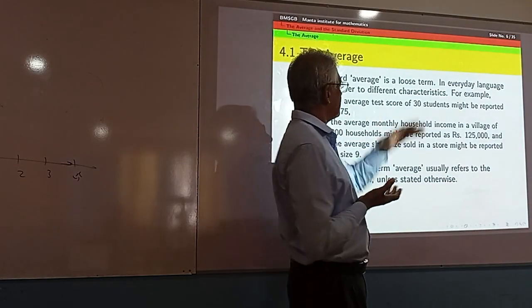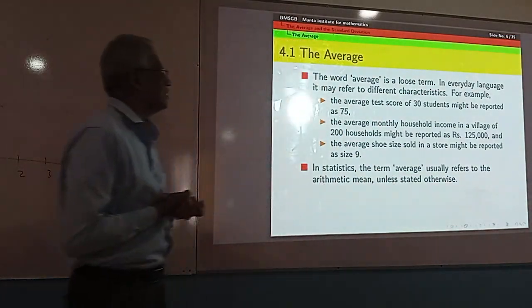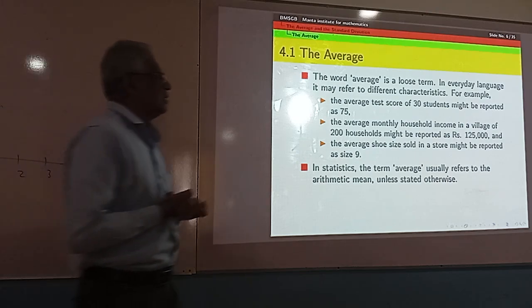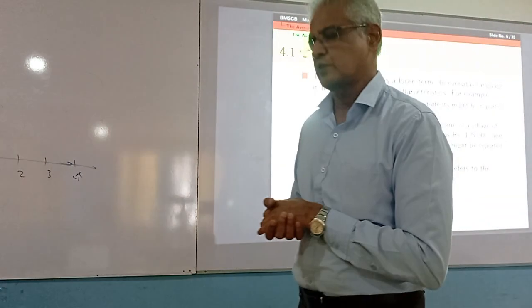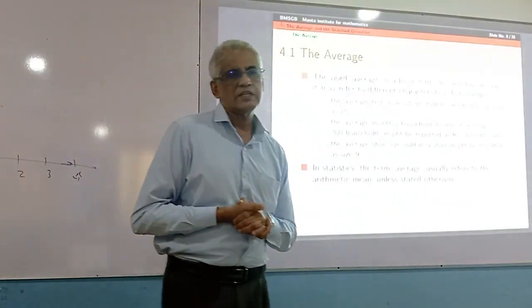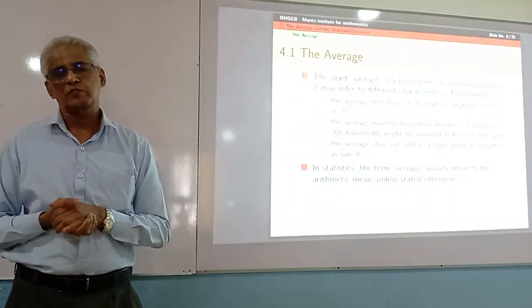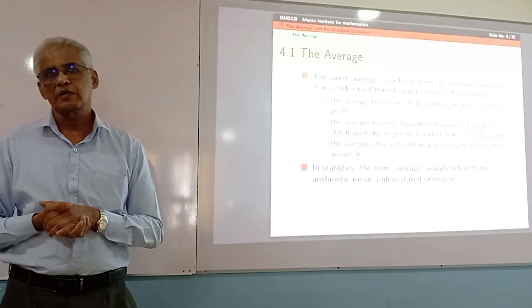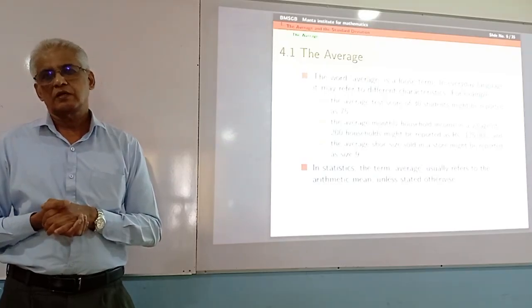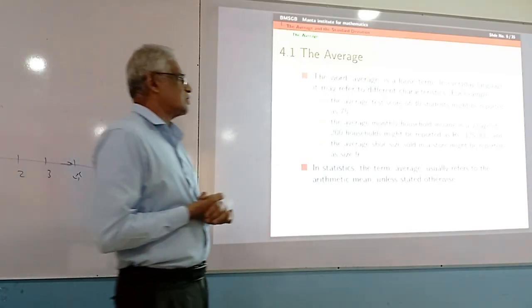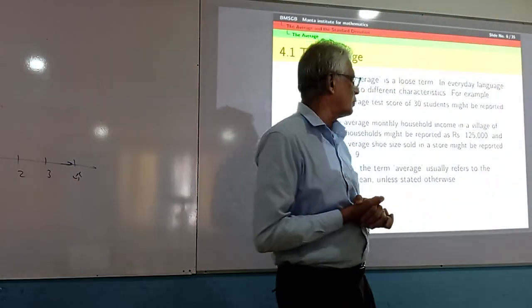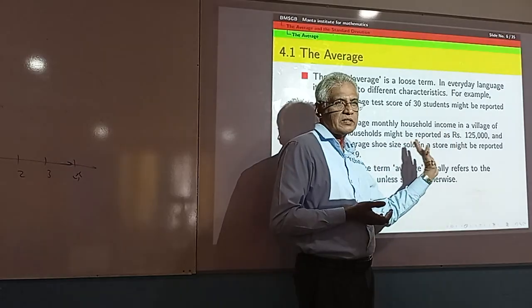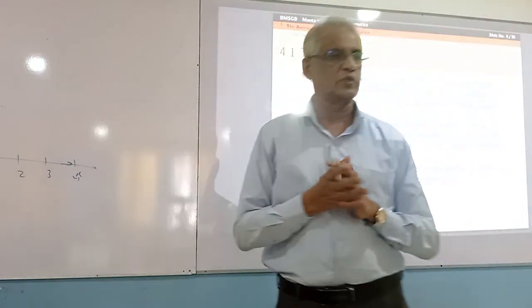If somebody says the average monthly household income in a village of 200 households might be 125,000, that may not be the arithmetic mean. Most of the time that is the median, right? Roughly 50% of the people have less than this, roughly the other 50% have more than that.